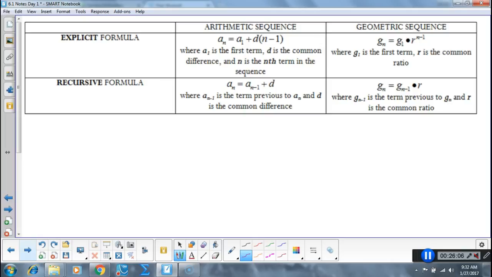But the recursive formula only gives you the next term, or the term right before it. That's it. Limited.